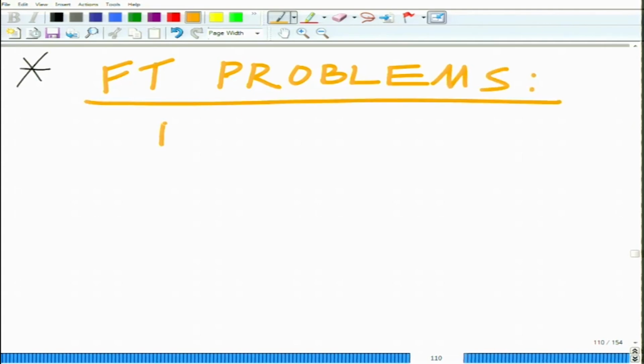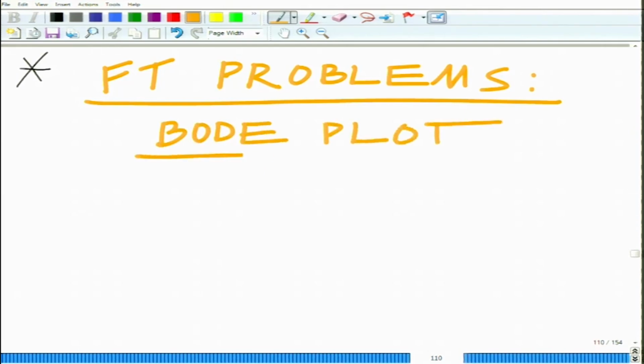In particular, we want to look at what is known as the Bode plot, and this is our problem number 14, in continuation of our problem numbering.